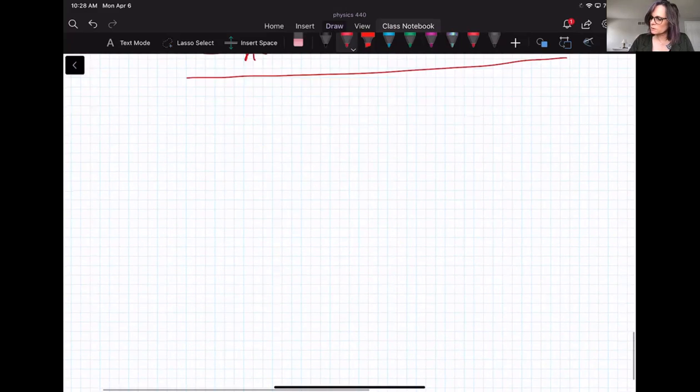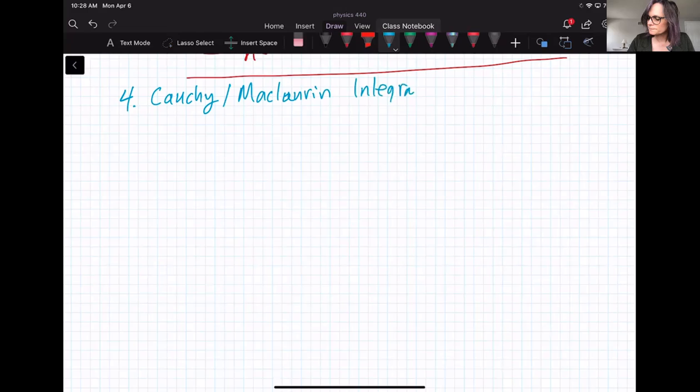Okay, go to the next test that I want to highlight. Sometimes it's credited to Cauchy, but it's also credited to Maclaurin. And that's an integral test.